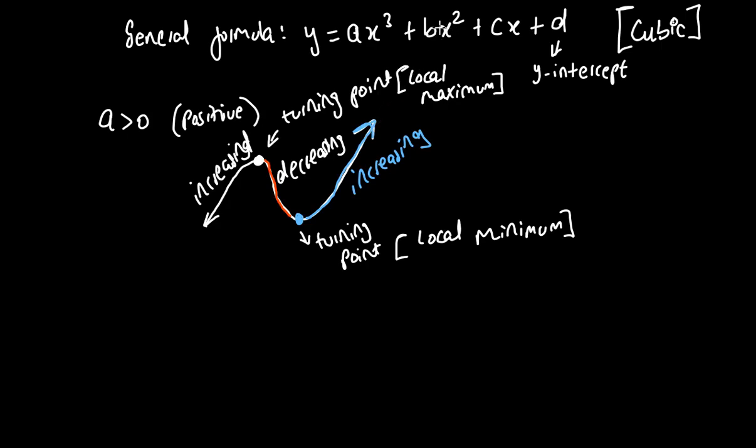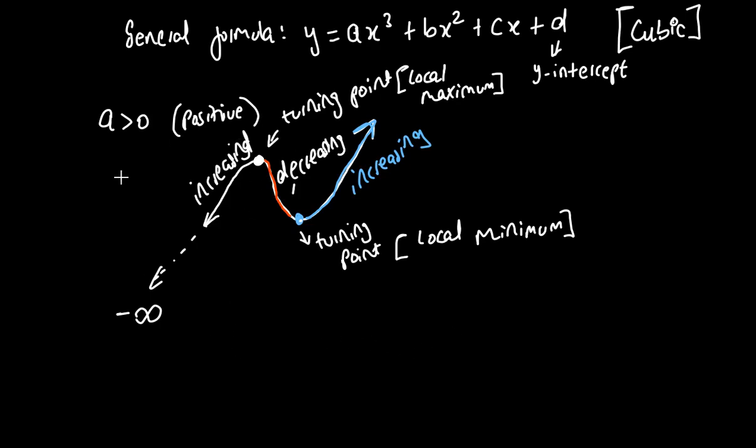So the maximum number is actually unknown. The one that we know locally, that is the highest point, would be this point here. We know it as the highest point locally, while this one we know it as the lowest point locally. So that's why it's called local minimum, because there is a real minimum here that we do not know. It's about at negative infinity. So this one is the one that we know locally.